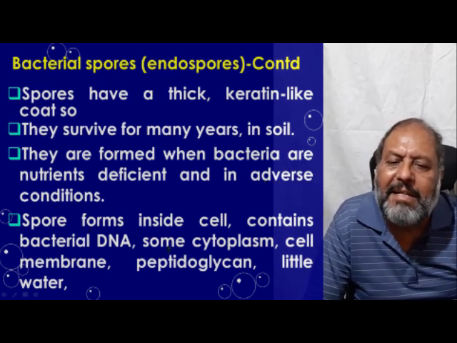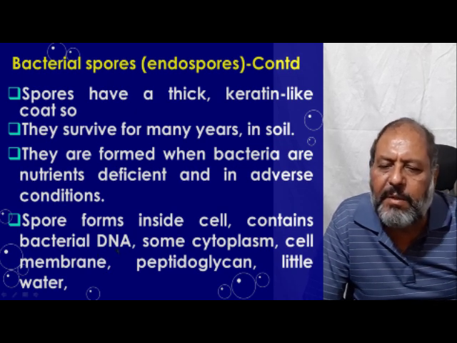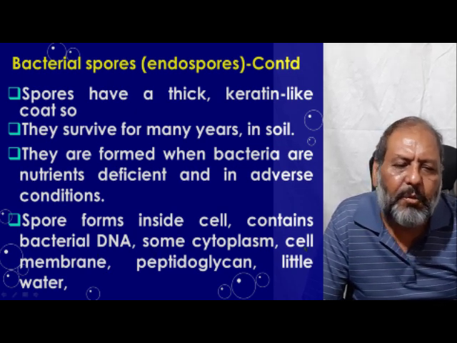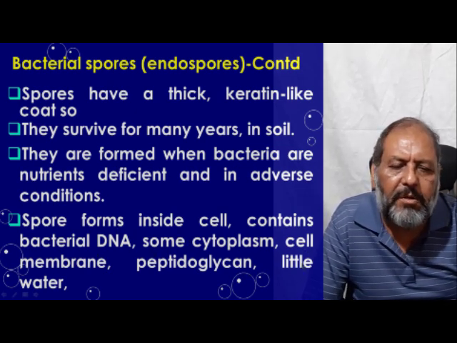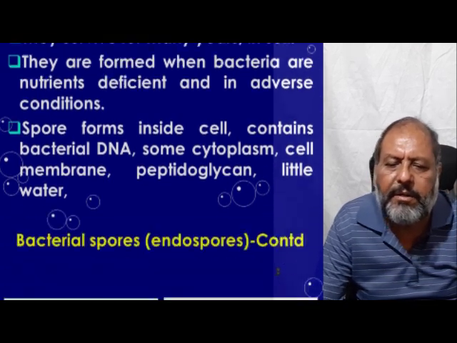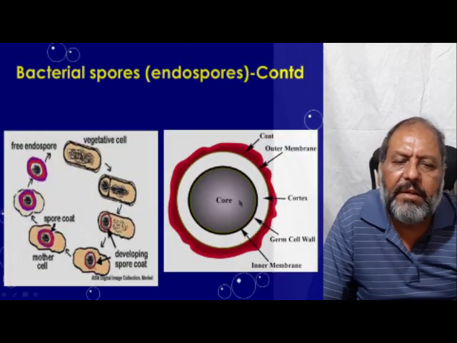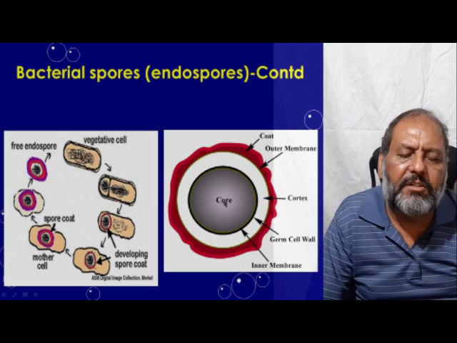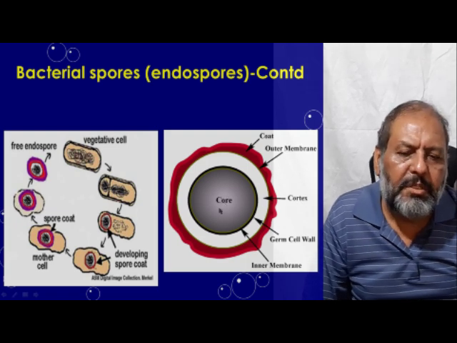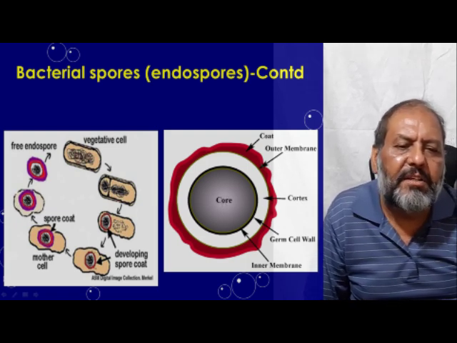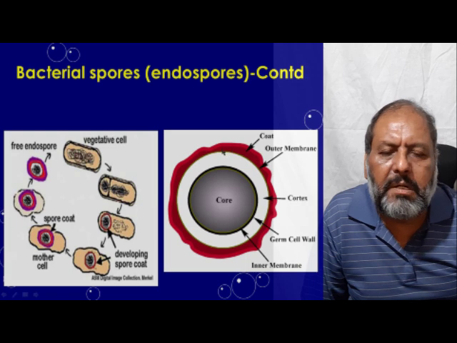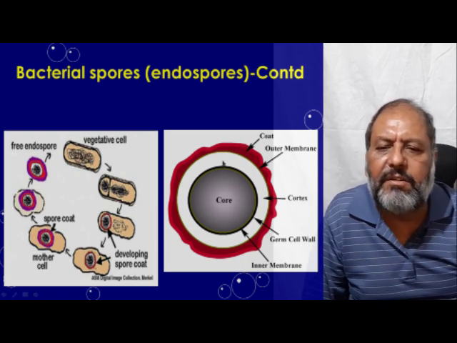A spore formed inside a cell contains bacterial DNA, some cytoplasm, cell membrane, peptidoglycan, and little water. And here one can see the structure of the spore core that is covered by the very resistant coat.